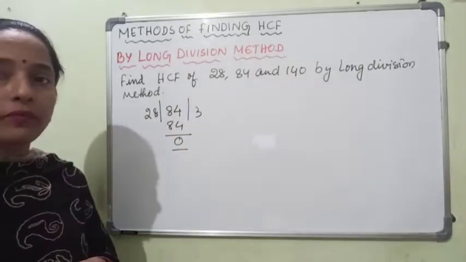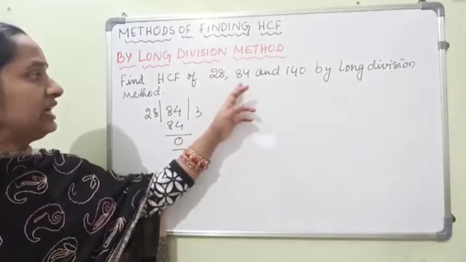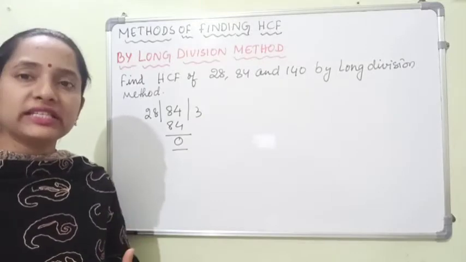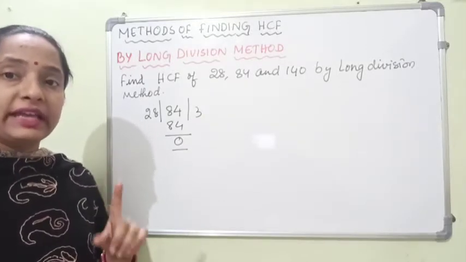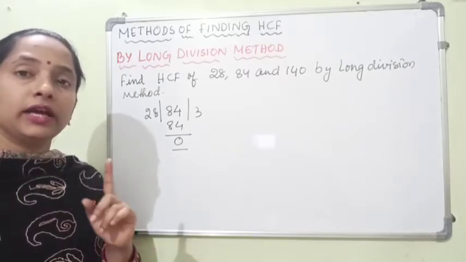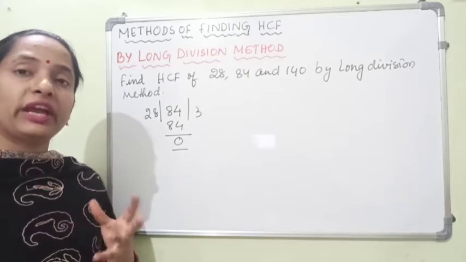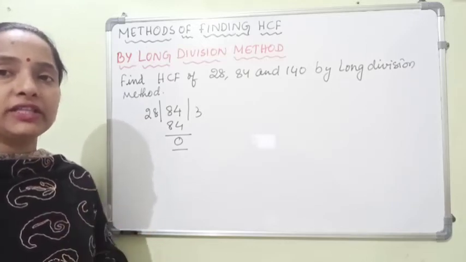So now for these two numbers 28 and 84, which number is the HCF? The HCF will be the divisor at which you get the remainder 0.